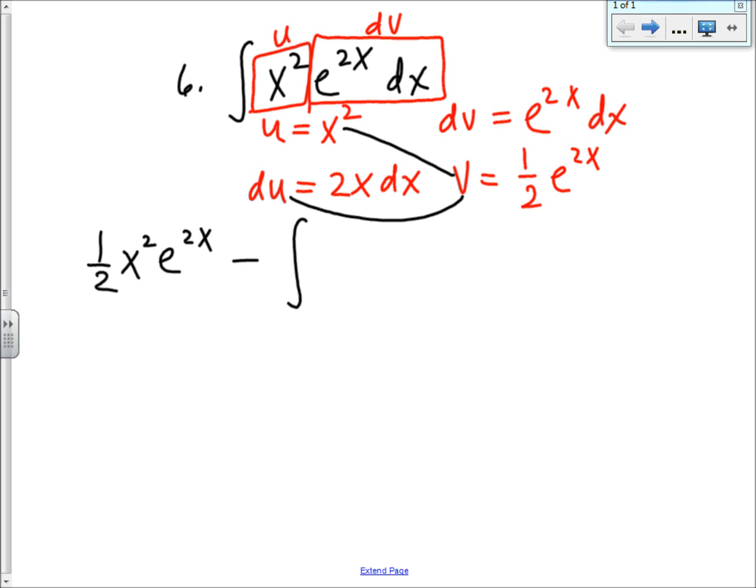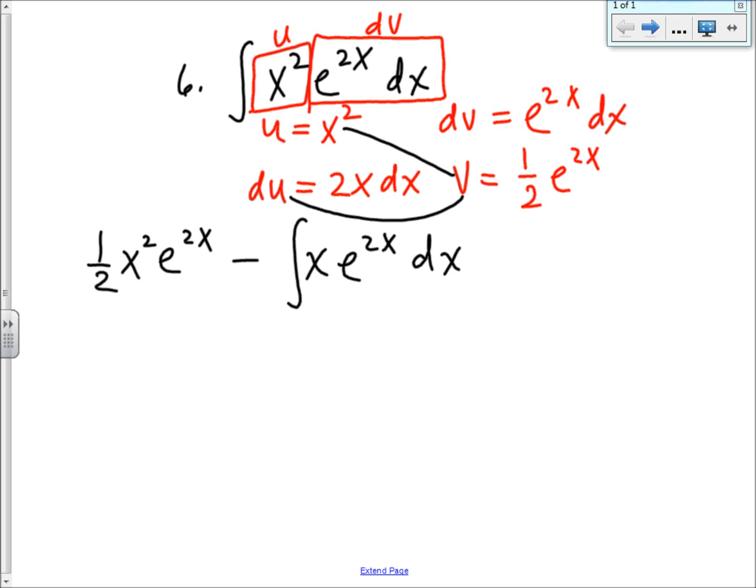X e to the 2x, and of course I got the dx. And then you might be saying, hey, where did the 2 and the 1/2 go? Okay, I'm doing it in my head. 2 times 1/2 knocks itself out. It's like if one of these was negative, what would I do in my head? I'd say, okay, negative, that'll make that a positive. So you're trying to think ahead here.